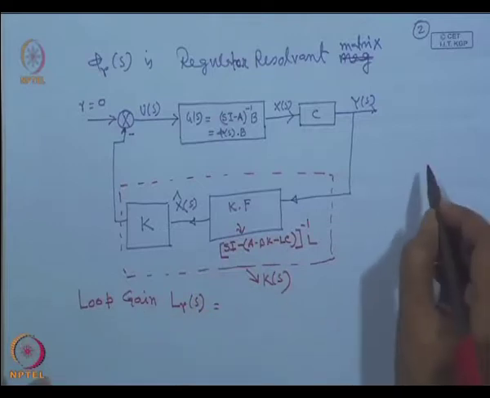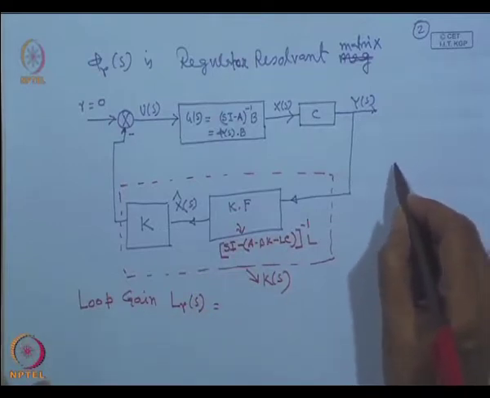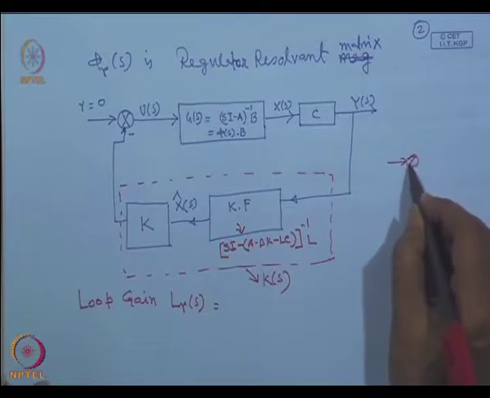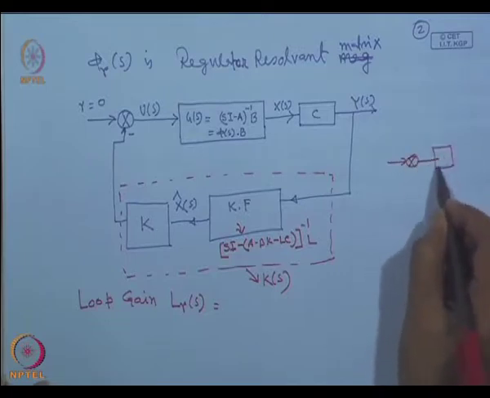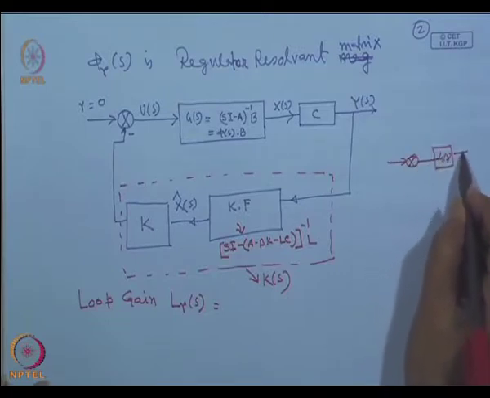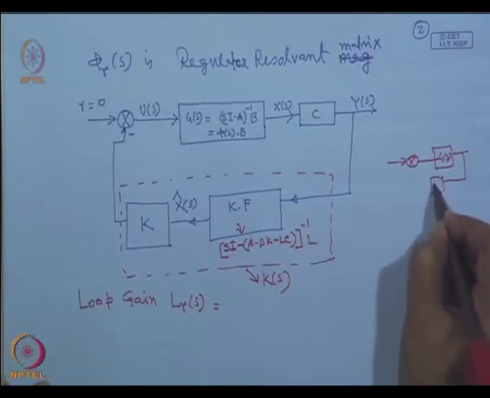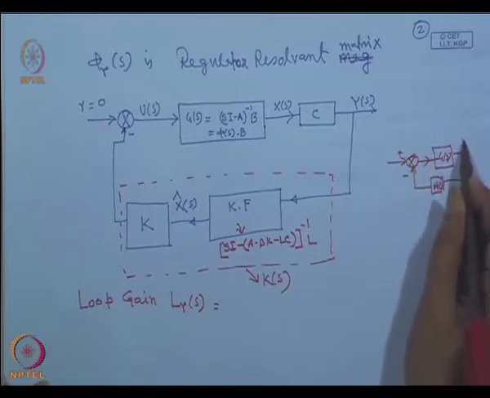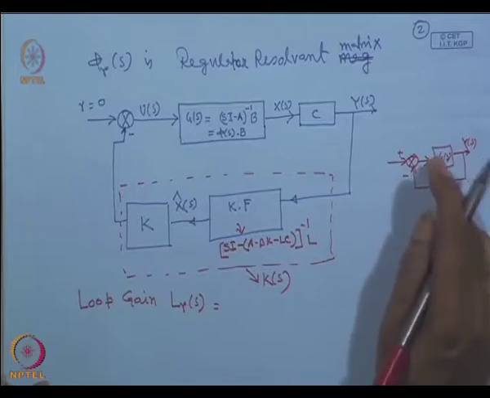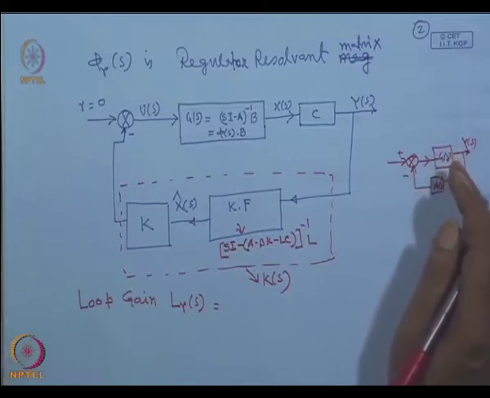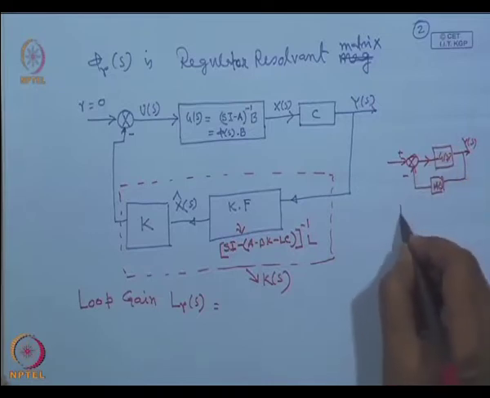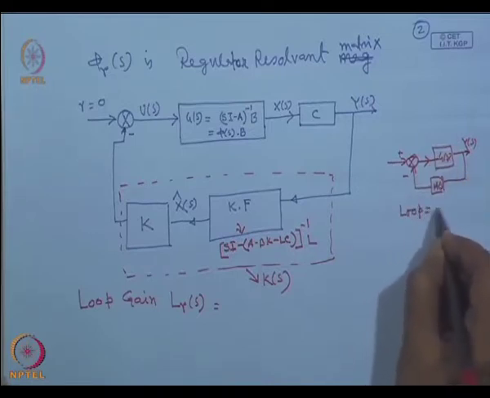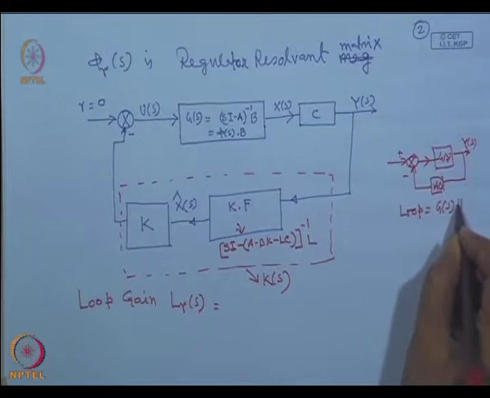Just like in our basic block diagram, this is our G of S, and this is our feedback path H of S, with minus, and this is Y of S. In order to study the sensitivity or complementary sensitivity, our loop transfer function is G(S) H(S).